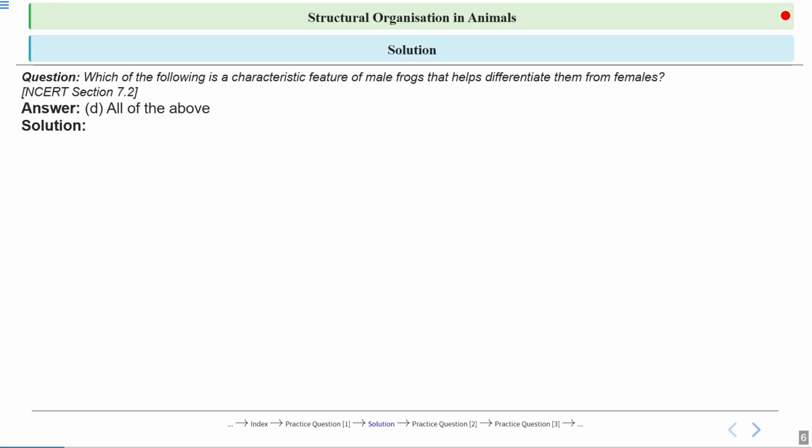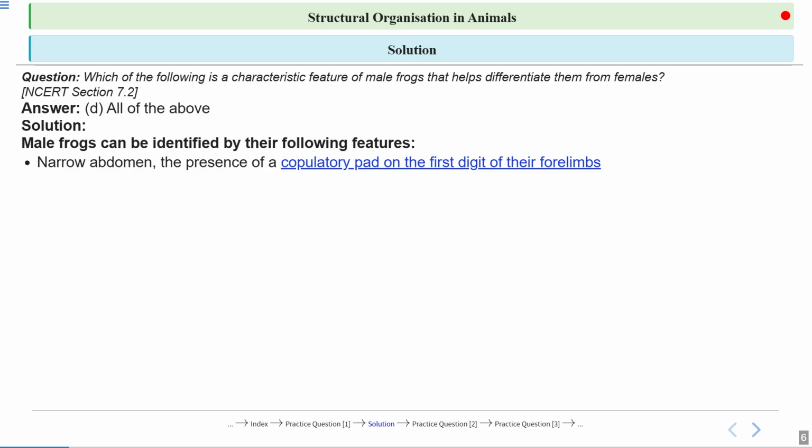So this was our question, and the answer is D option, all of the above. Right? So male frogs can be identified by the following features. You can identify the male frog very easily when you see it in the environment. First one, narrow abdomen.